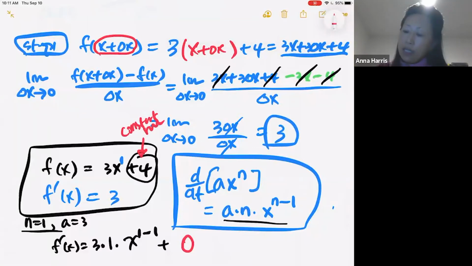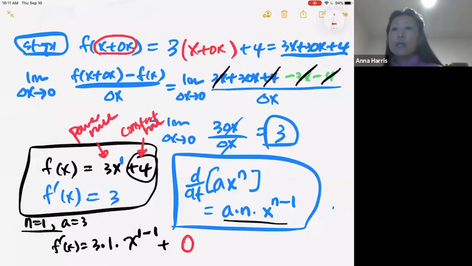And this I'm going to use the power rule. So 1 minus 1 gives me 0, so this simply gives you 3 times x to the 0 power, which is the same as 3. X to the 0 power, anything to the 0 power is 1. So that is the power rule.